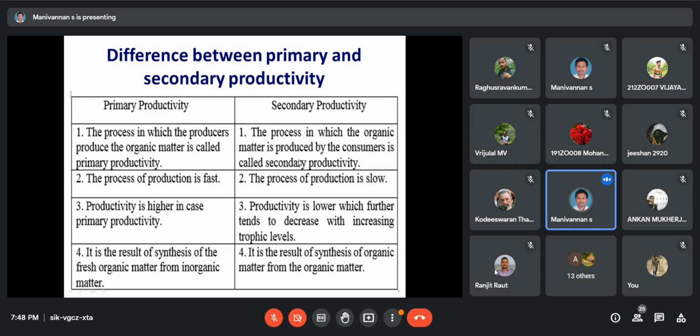The secondary productivity is lower, and it tends to decrease with the increase in the trophic level. Why is the primary productivity higher and why is the secondary productivity lower? Can anyone explain?